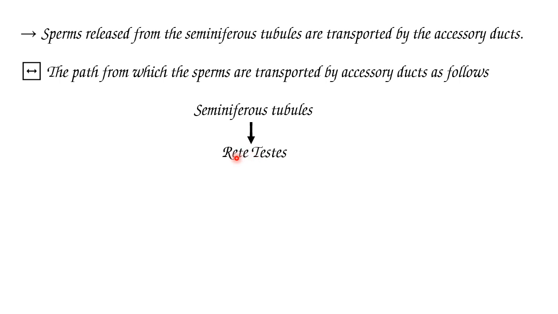From the rete testis, small tubules arise, called vasa efferentia. These open into the epididymis, which is considered the primary storehouse of the spermatozoa.